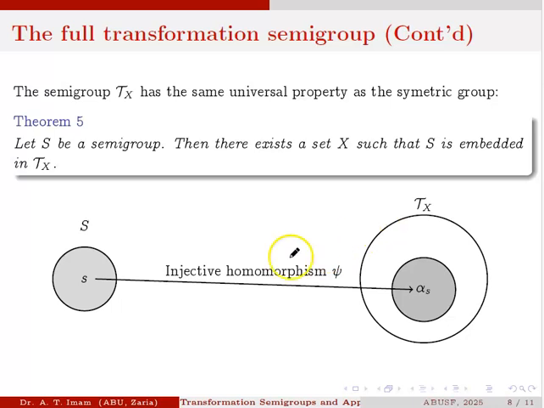And so we have an embedding. An embedding is nothing but an injective homomorphism from a particular semigroup into some other semigroup. So this is how you describe this universal property.